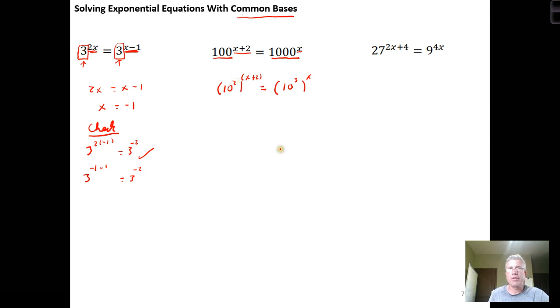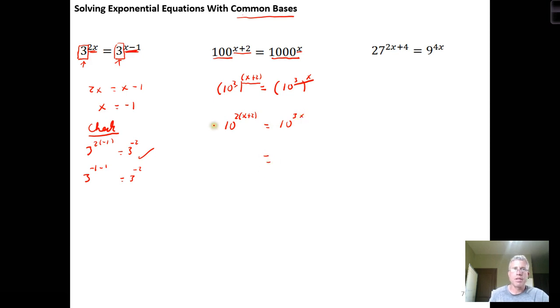10 squared is 100. And now I'm in a situation where I have an exponent being raised to another exponent. So I know that I can simplify those by multiplying the exponents. This equals 10 to an exponent times an exponent, and here I have a 3x.